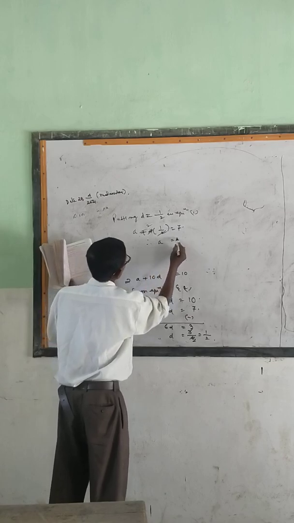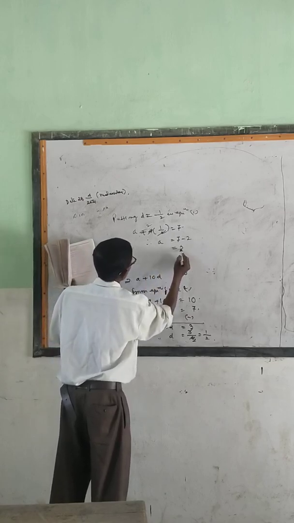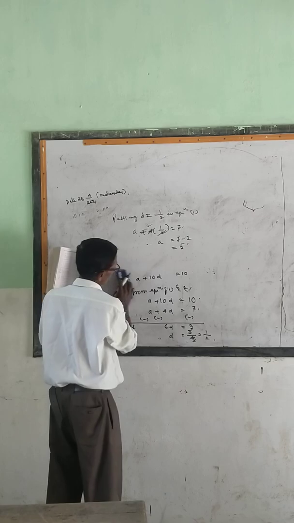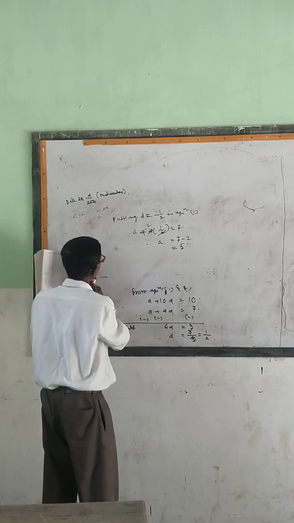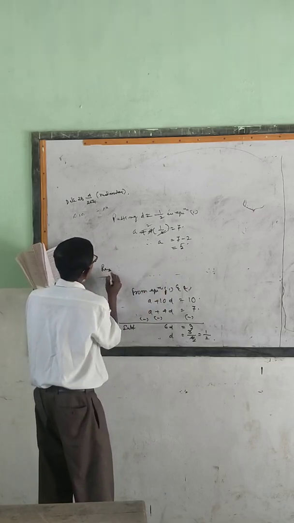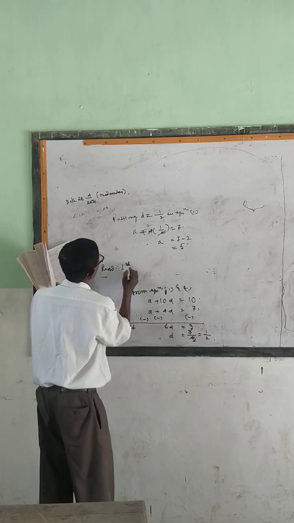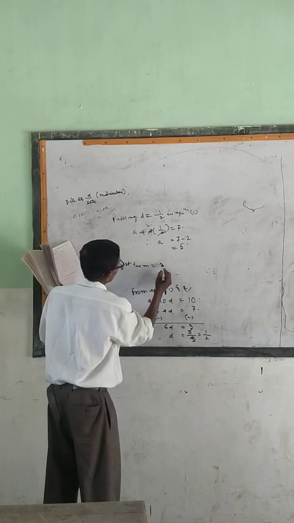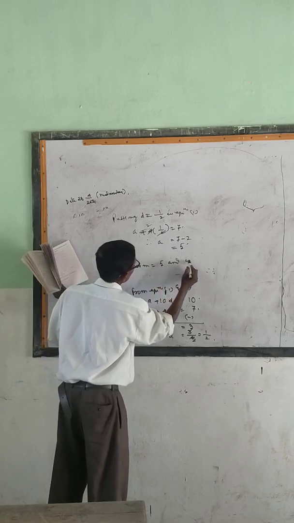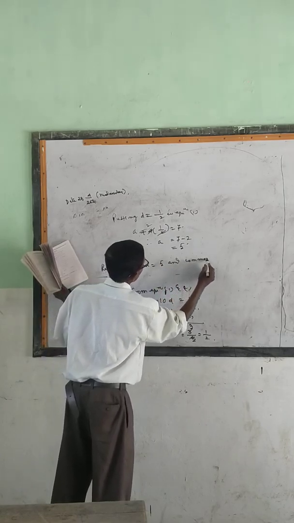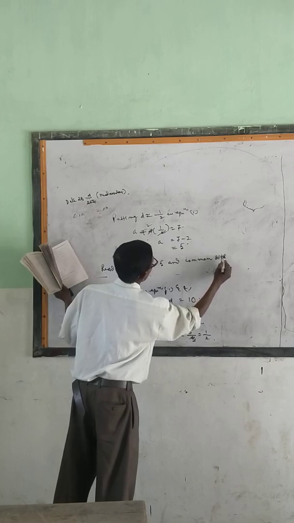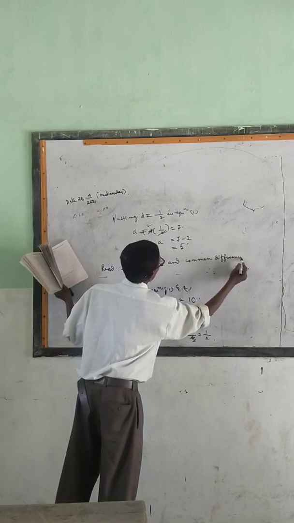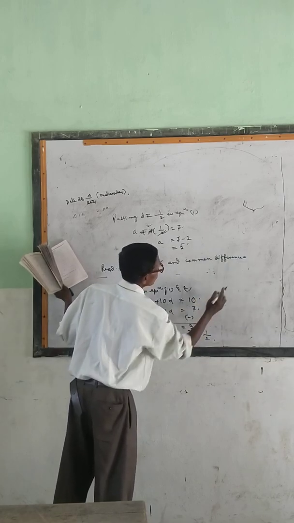Therefore A equals 7 minus 2 equals 5. The question asked for the first term and common difference. A is the first term. So you can finish here. The required first term equals 5 and the common difference is half. Finish.